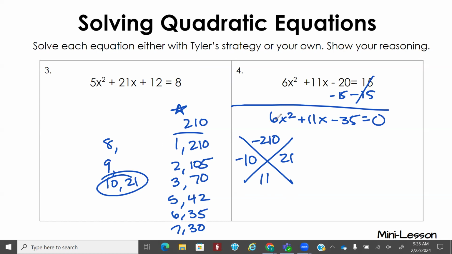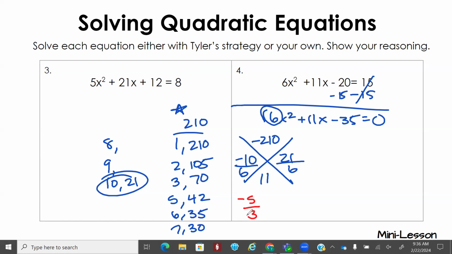Now, the slip and slide method, you're going to take that A term and divide both of these by that A term. Here's the important part. This is the part that we haven't seen yet. You need to simplify the fraction before you start doing anything. So negative 10 and 6, what are they both divisible by? 2. So this is going to give me negative 5 over 3.